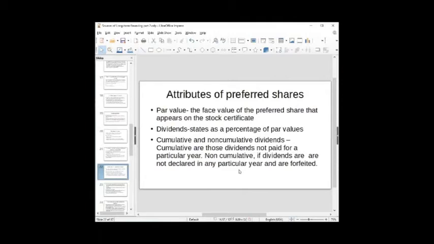Cumulative dividends are those not paid for a particular year, which accumulate. While for non-cumulative, if dividends are not declared in any particular year, they are forfeited. That means for that particular year there will be no dividend, even if you are a preferred shareholder, because you have this non-cumulative kind of preferred share.